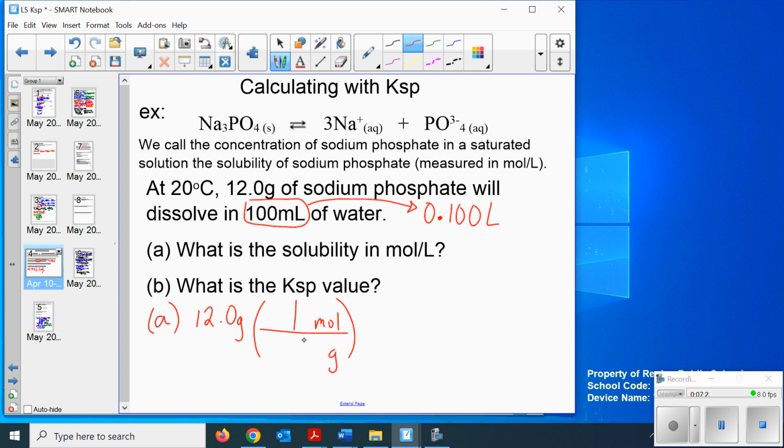Hopefully I use the same periodic table when I do. 163.94 grams. That's what I added. And I'm assuming you know how to use your calculator. I'm assuming you know how to calculate moles. 0.0732.